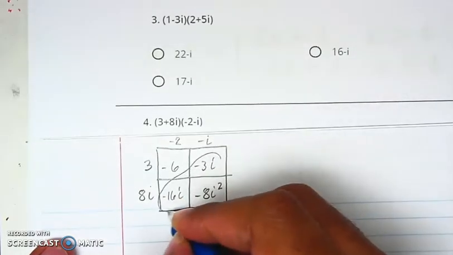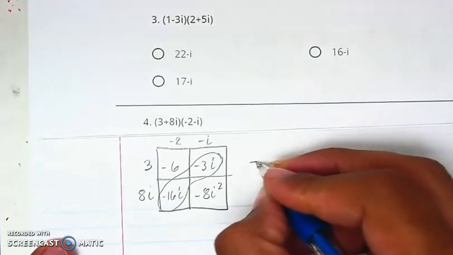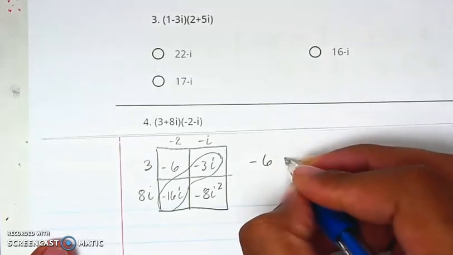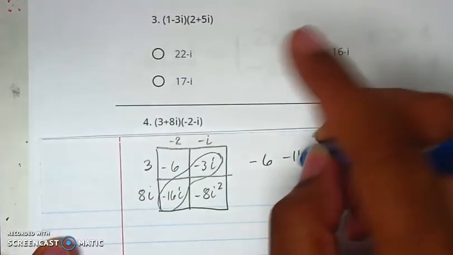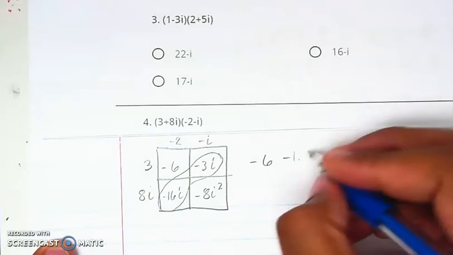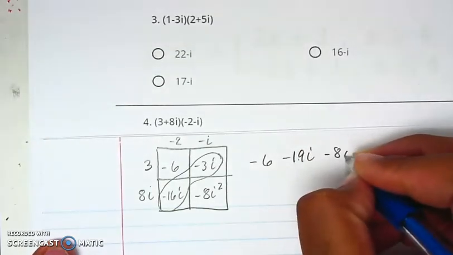Looking at this portion, let's combine like terms. So there'll be negative 6 minus 19i minus 8i squared.